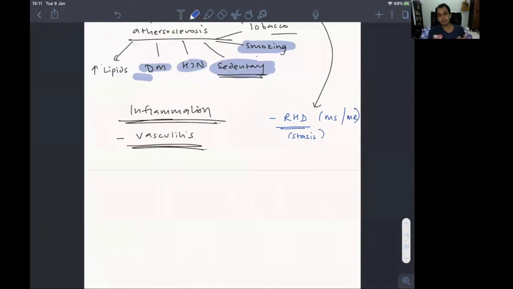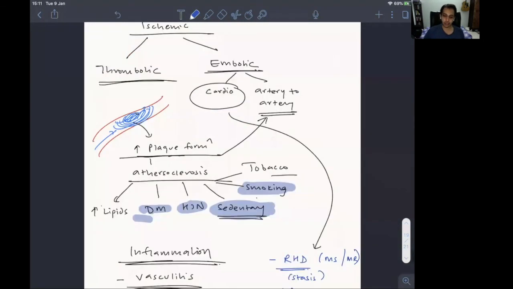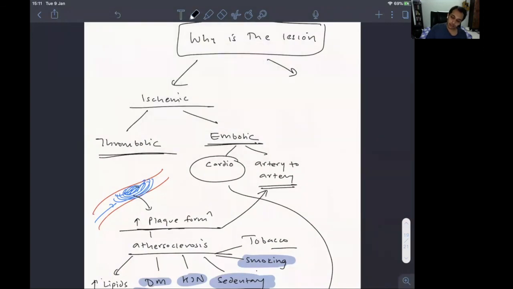So if there is a thrombus formation in the atria, then that can break off, enter the aorta and go all the way up. Another reason that there could be stasis is atrial fibrillation or infective endocarditis. So in infective endocarditis, there is vegetation, and pieces of those vegetations can break off and go all the way and form clots. Okay. And finally, if it is a hemorrhagic stroke, then the most common cause of hemorrhage is hypertension.